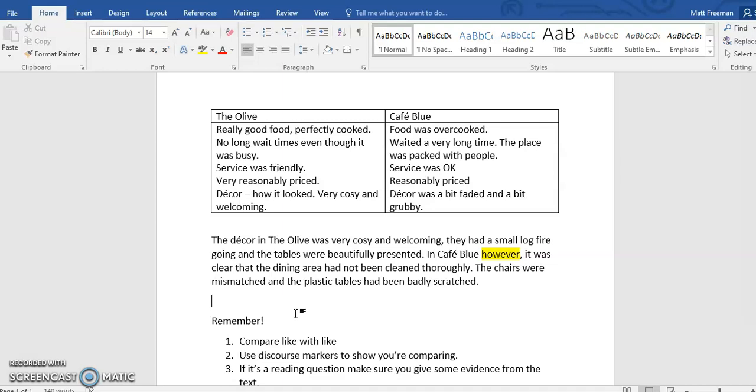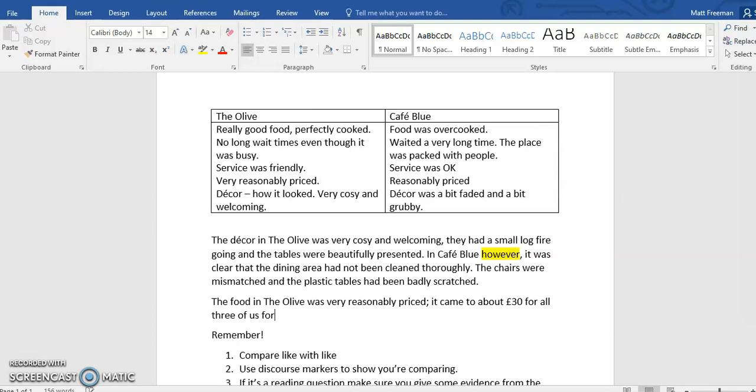So we could have here: the food in the Olive is very reasonably priced. It came to about 30 quid for all three of us for lunch.